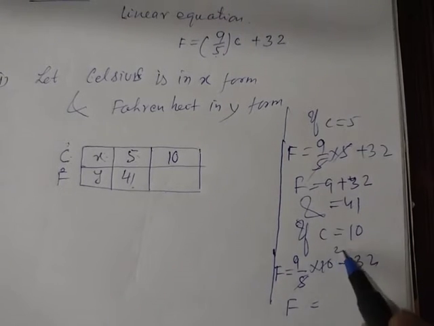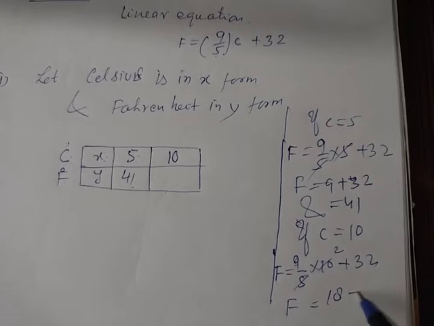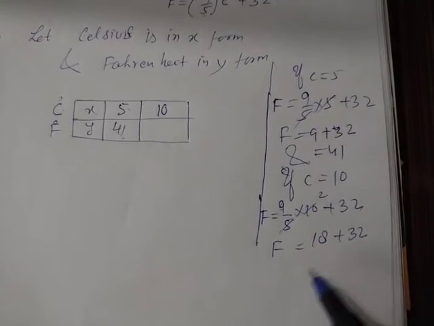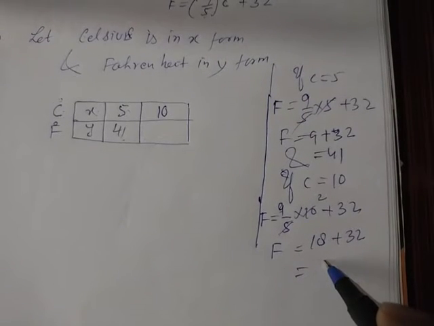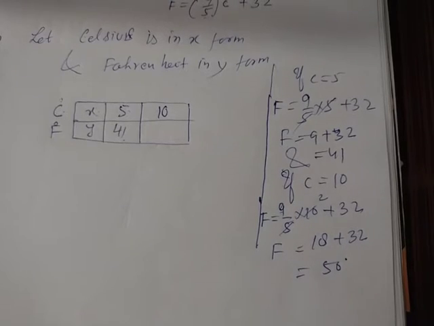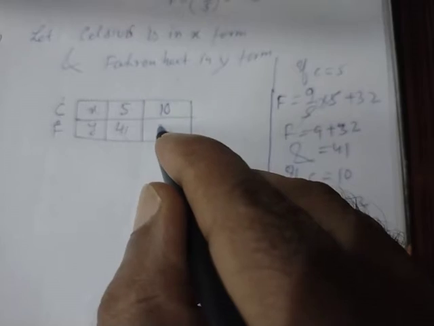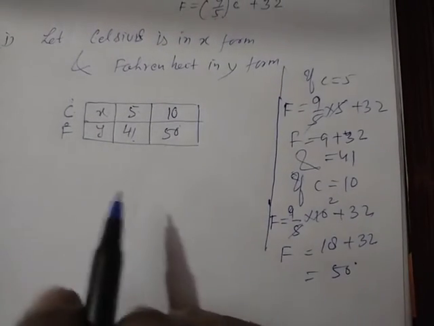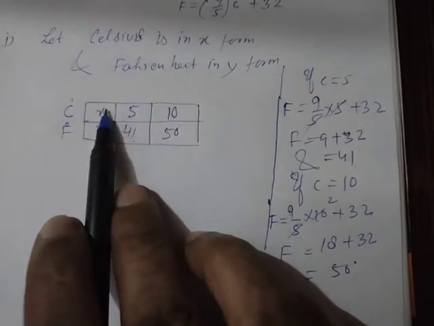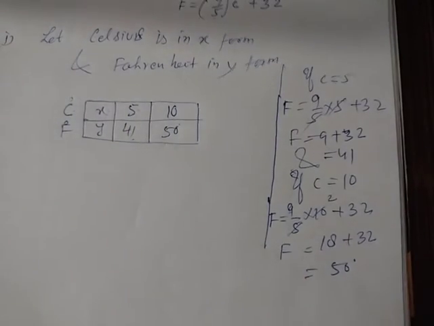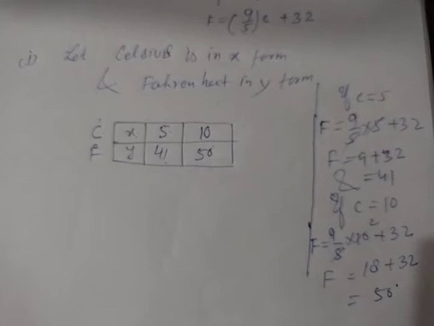F is equal to 9 into 2, 18, plus 32, equal to what? That is 50 degrees. So Fahrenheit will be 50. Okay, so you will have two values of C and F. Now you plot the graph.